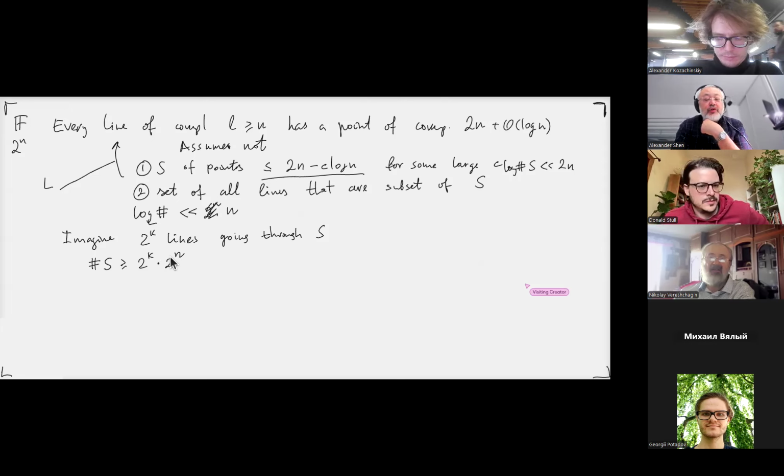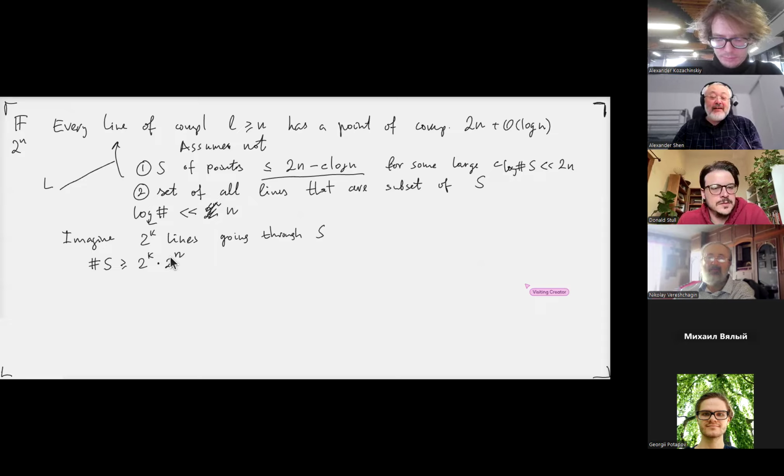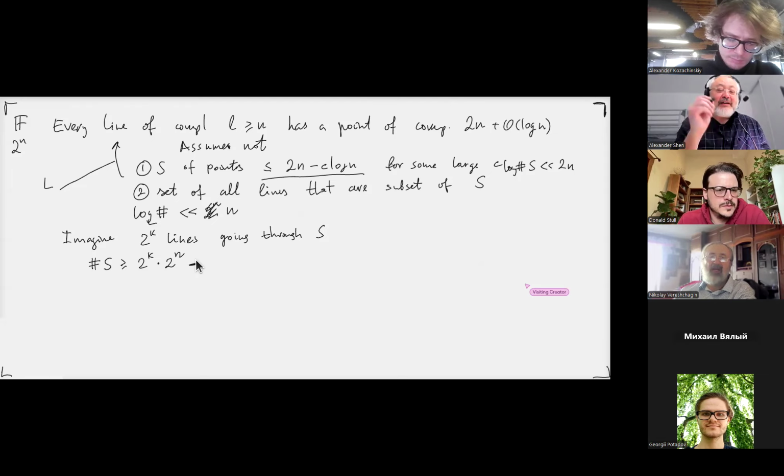If we take the union of all the lines, we count some points twice. So this is the first term of the inclusion-exclusion formula, and then we get too much. To get something minus 2 to the k from below, we need the second term, 2 to the k squared, I guess. So we have at most 2 to the k squared pairs, so we have intersection points.